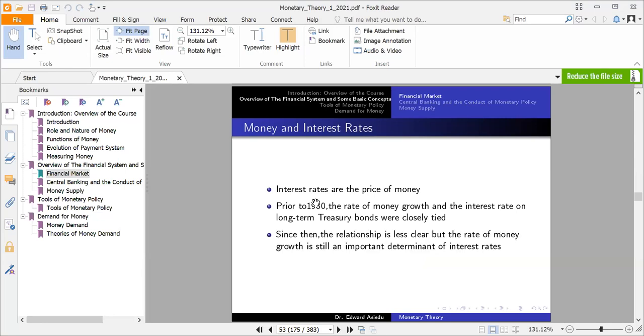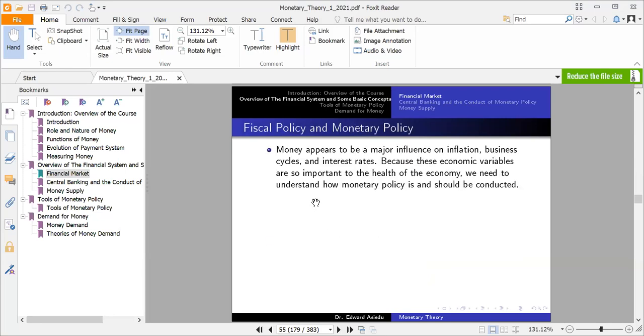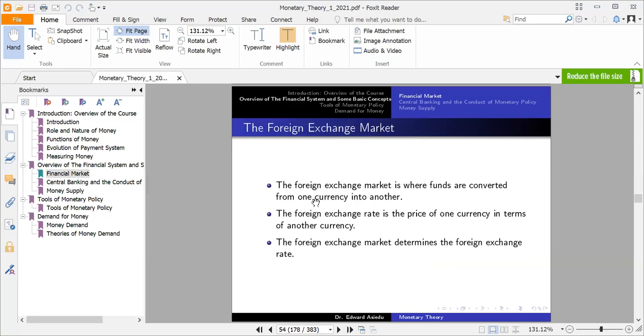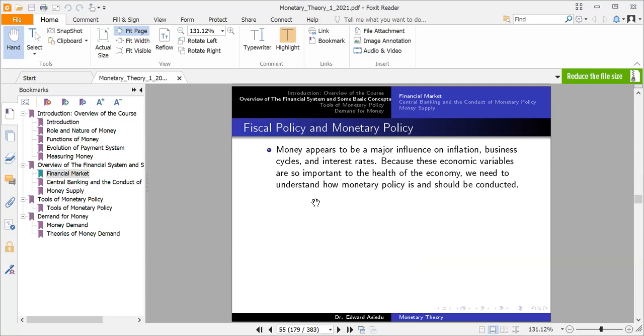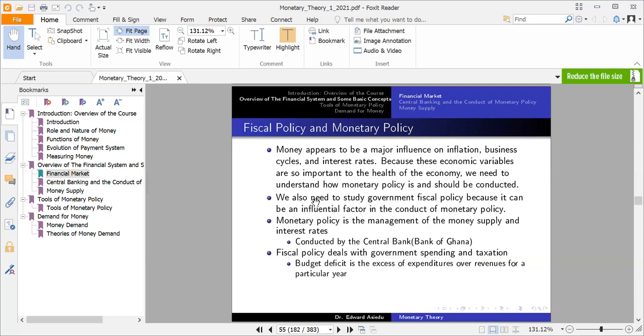Okay, I'll build up on some of these things as the class progresses. Foreign exchange markets is where we convert our currencies, which I think I ended somewhere on that. I'll make the key distinction between fiscal policy and monetary policy before we delve into the monetary policy side.